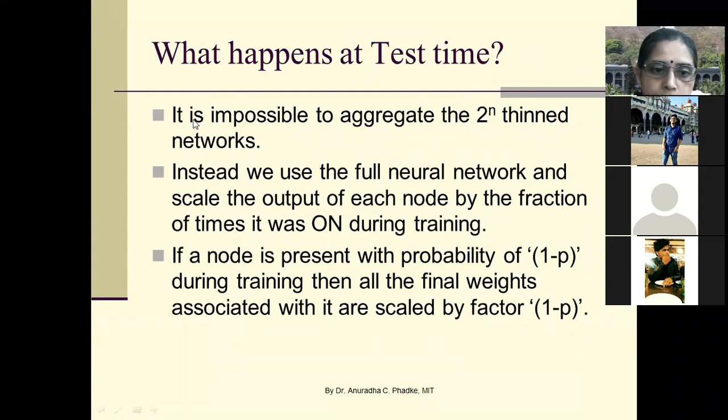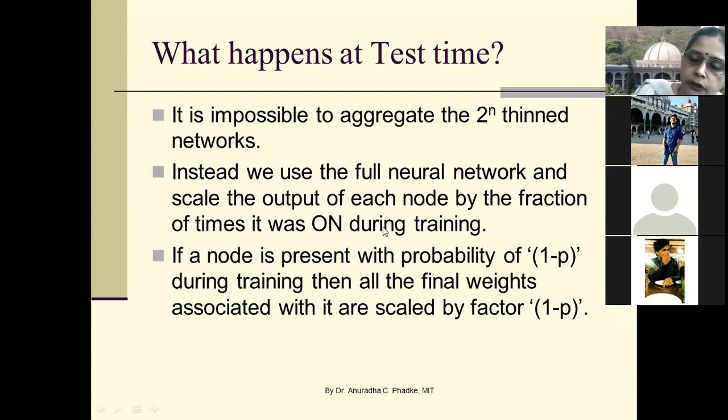It is impossible to aggregate the 2 raised to n thin networks during testing, right? For every training phase, we are using a different thin network. So what to do at test time? At test time, we use the full neural network and scale the output of each node by the fraction of times it was on during training.